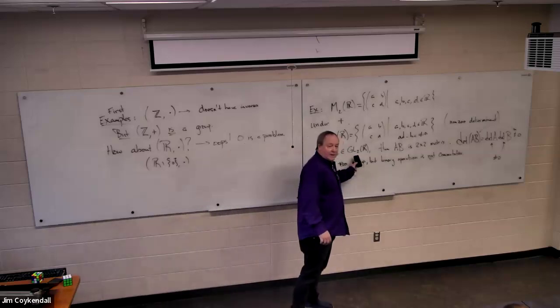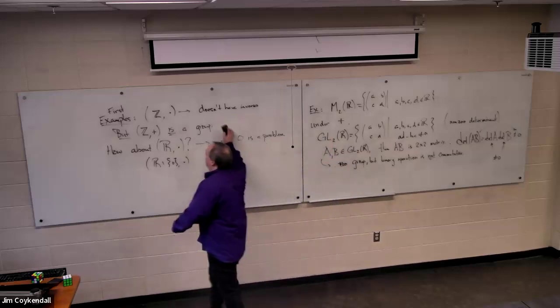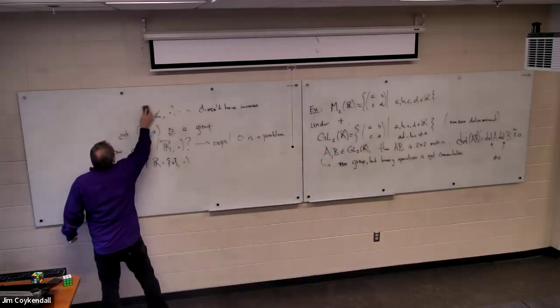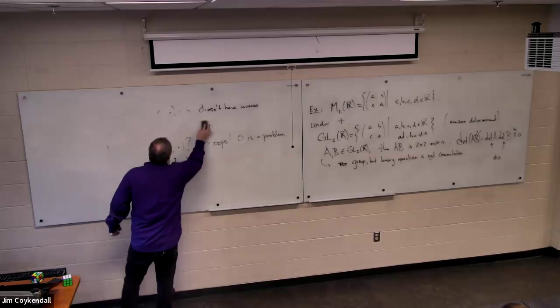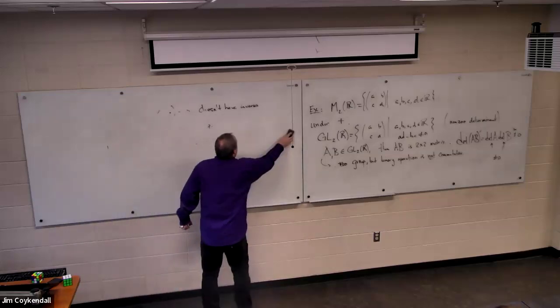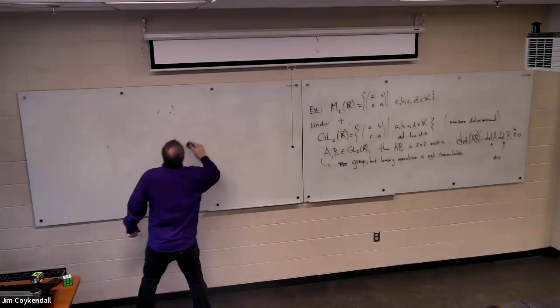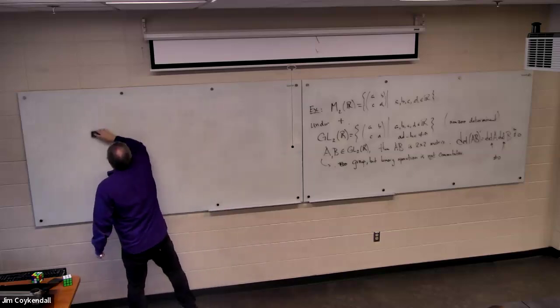But this group is also infinite. Everybody agree with that? This is an infinite group. Can anybody give me an example of a group that's finite? So that would be something new. So a group that doesn't have many elements.